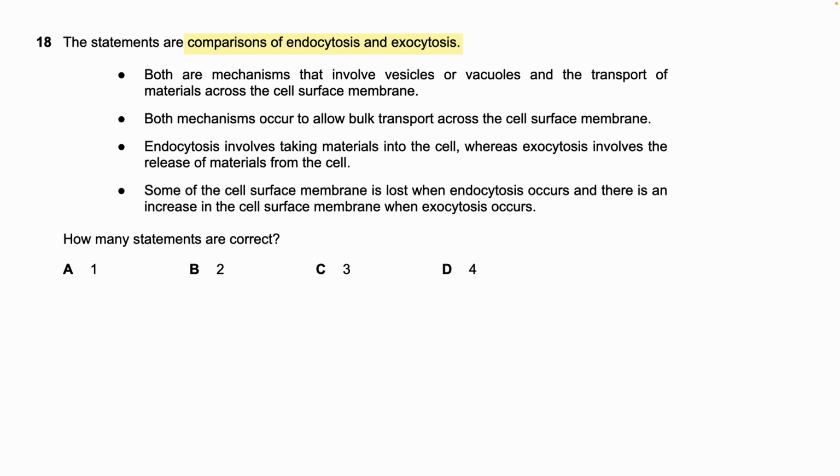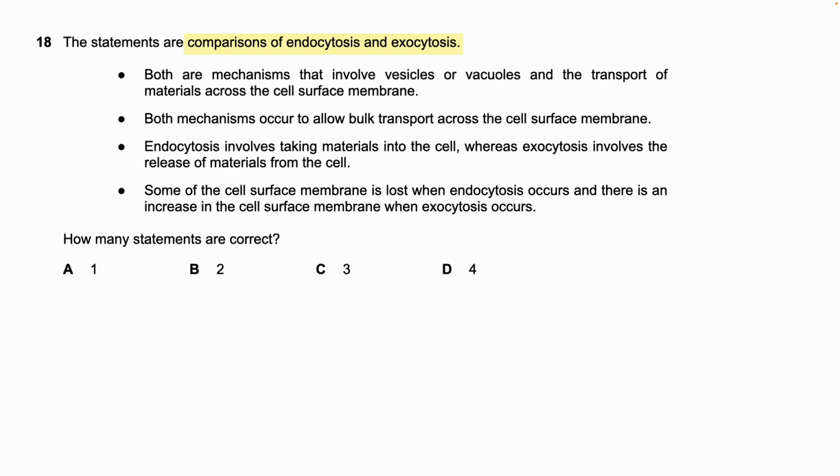By the process of bulk transport, substances are moved out of or into the cell through the cell surface membrane. Endocytosis involves taking materials into the cell, whereas exocytosis involves release of materials from the cell. Yes, endocytosis is taking in, exocytosis is releasing out.